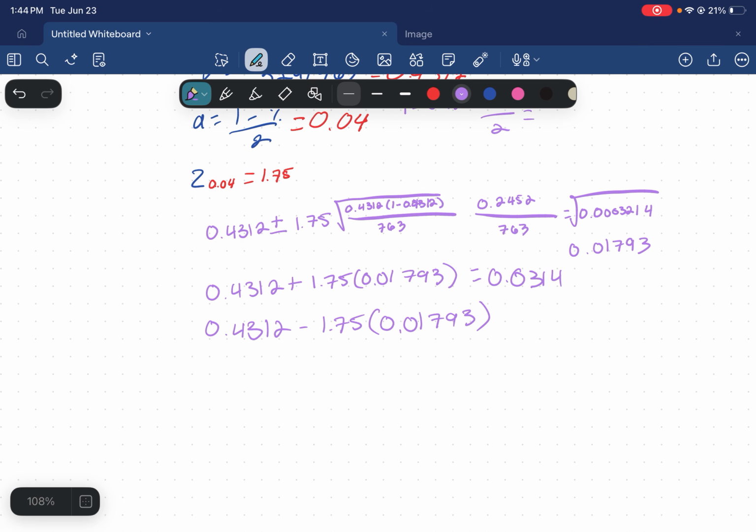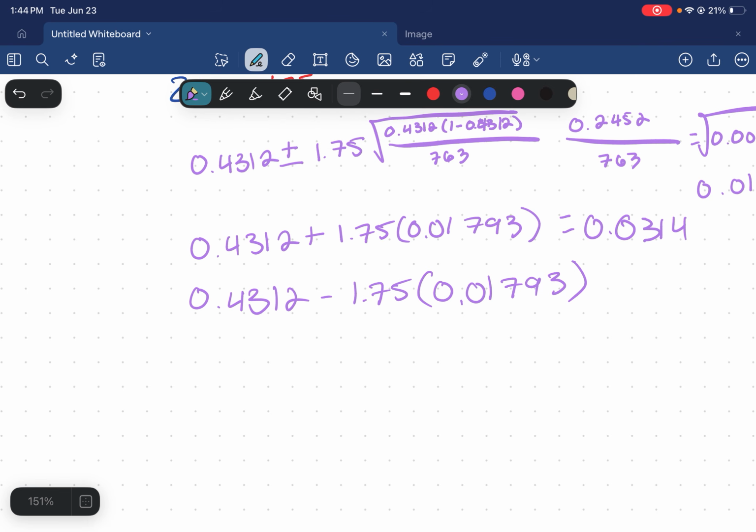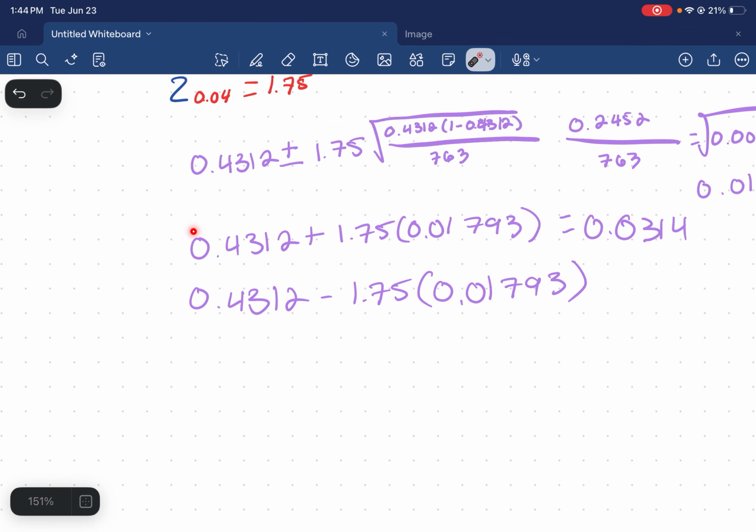That's what it is, sorry. So we're going to take this and add it to this to get the upper bound.